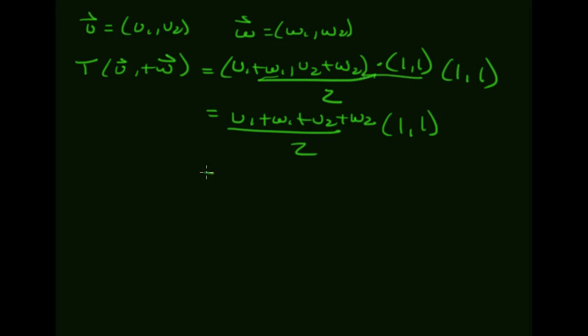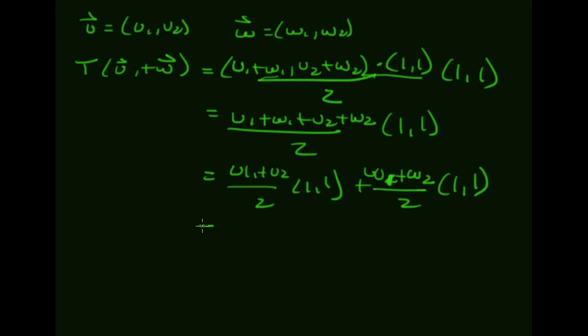Which just basically becomes U1 plus U2 over 2 times 1, 1 plus W1 plus W2 over 2 times 1, 1, which is the transform of U plus the transform of W. So we hold under addition. Part D asks us to see if it holds under scalar multiplication.